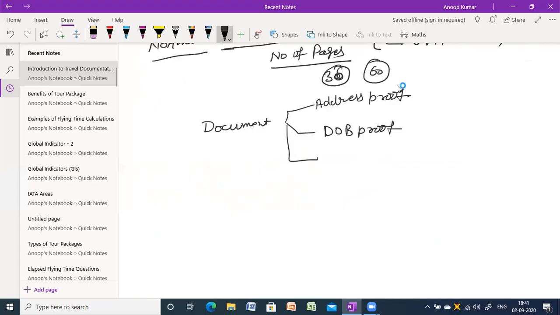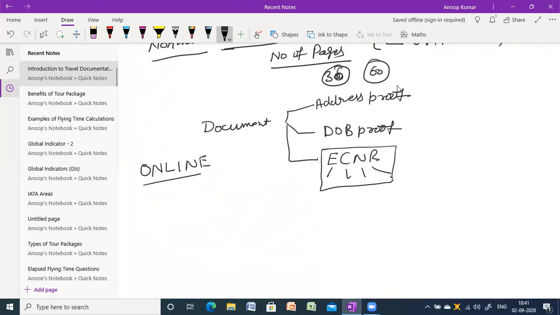Then, if you want to apply for your passport, we will study the non-ECR category or ECNR passport, emigration check not required. If you want to get your passport in this category, then what additional documents do you need? We will study all these things. Then nowadays the whole passport process is online. To obtain a passport is online.